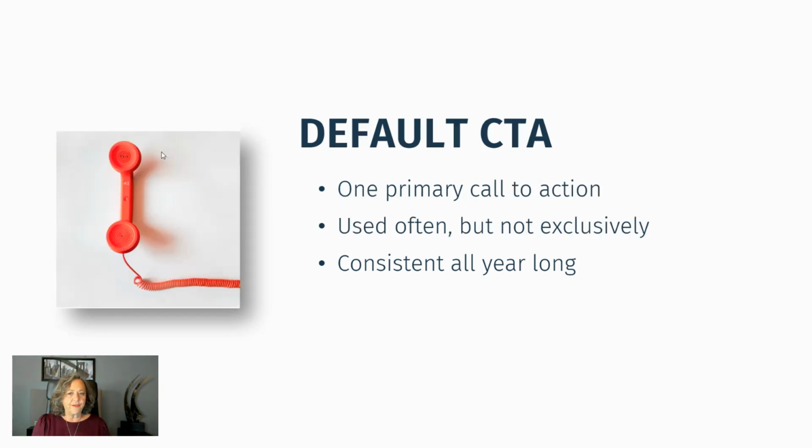Now you've got your default CTA. This is the primary action you want people to take, and it is going to be, again, consistent through the whole year. You will use it often, but not necessarily exclusively. It may not be the only call to action that you have, but you're going to come back to it time and time again.